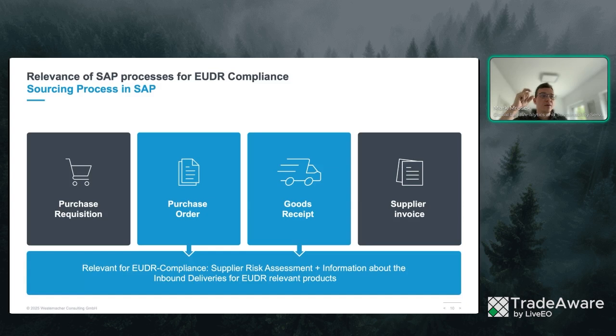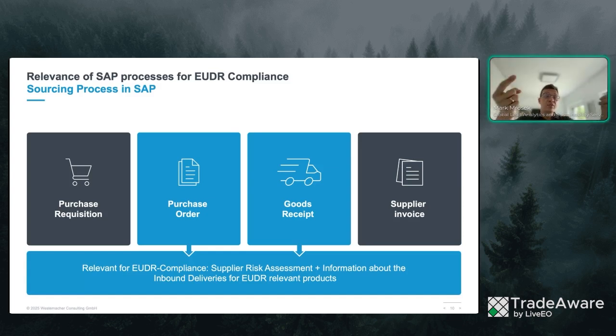And that is where you get relevant information and need to act, first of all, with a risk assessment of your supplier, that is already connected with the purchase order. Here you already need to look into, is the selected supplier actually following EUDR principles?